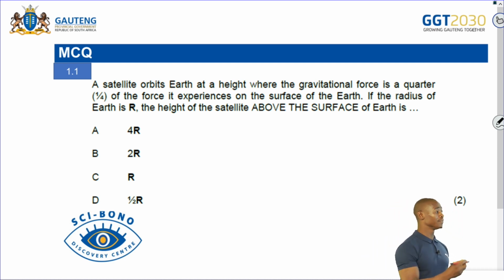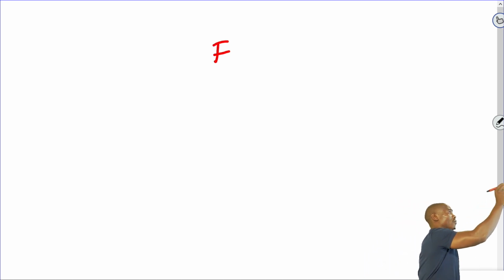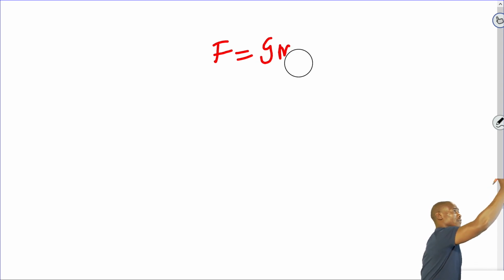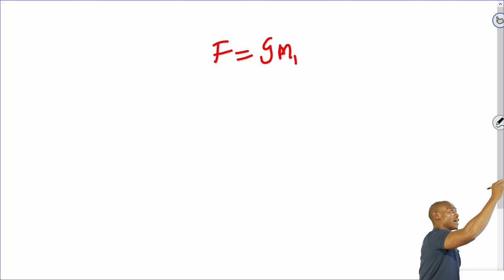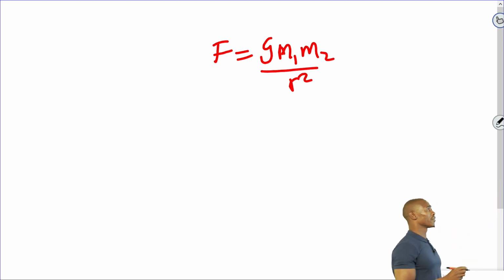So the equation that we use to calculate the gravitational force is F equals Gm1m2 over r squared.